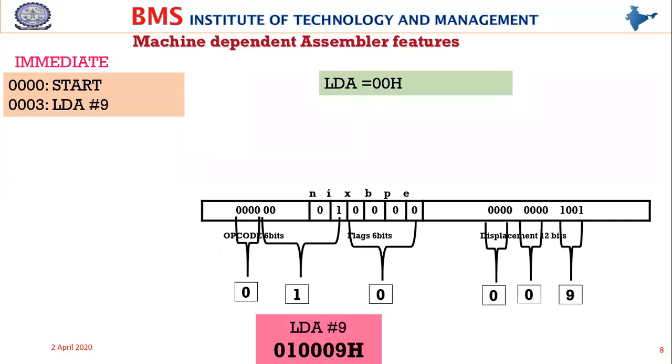So the object code is going to be 010009 hexa, right? So this is how to assemble these different addressing modes: PC relative, base relative, as well as immediate addressing. Usually we don't use indirect addressing, so that's why we don't have a particular part for it.